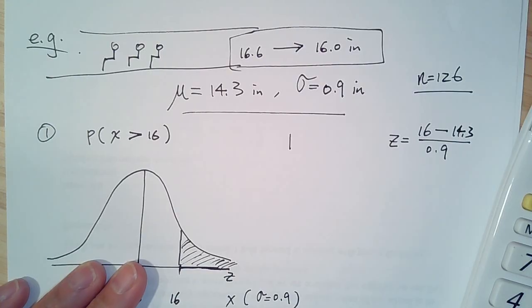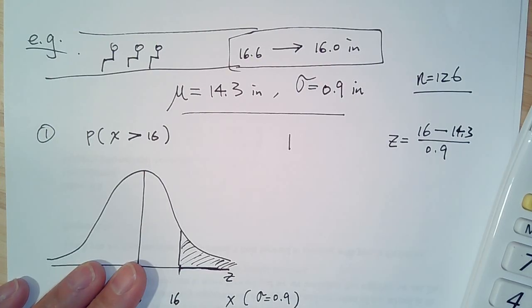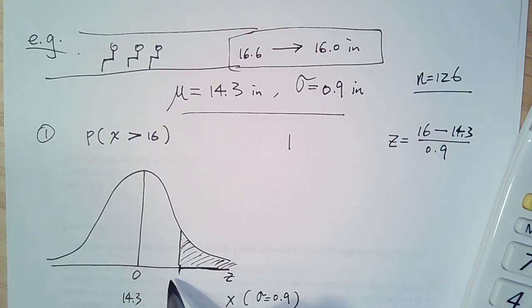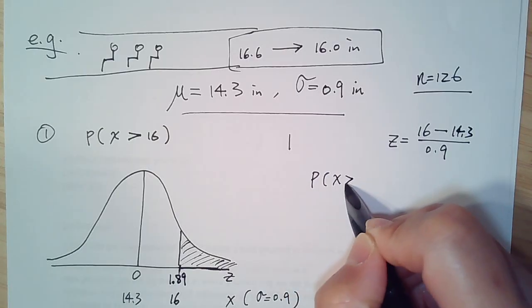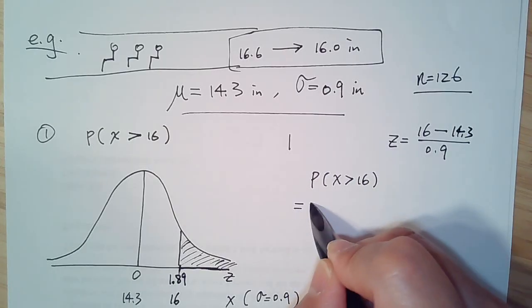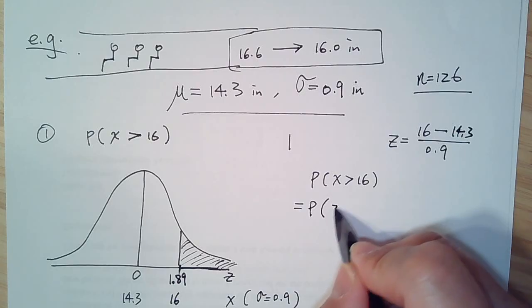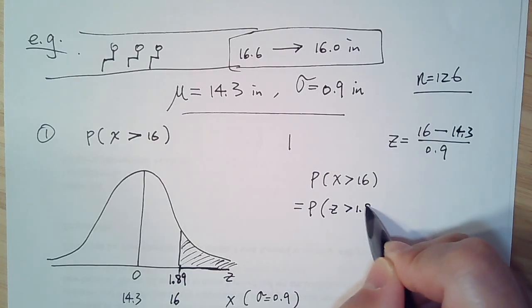I got 1.7, then divided by 0.9. So I have 1.89. Therefore, the probability that X is greater than 16 is the same as the probability that Z is greater than 1.89.